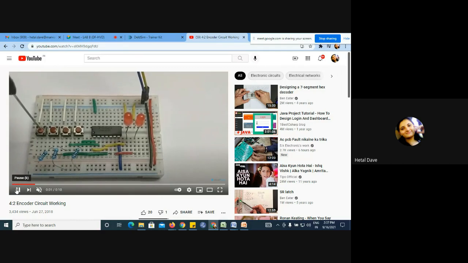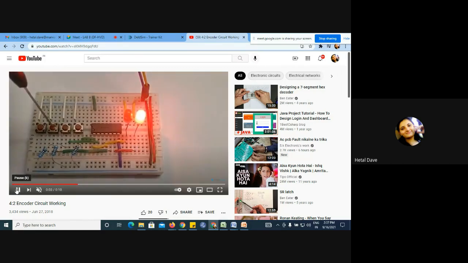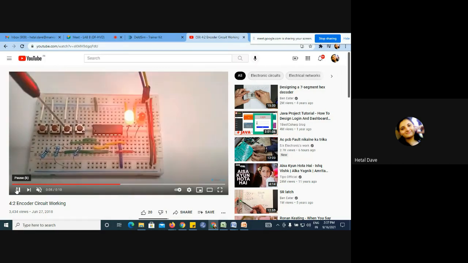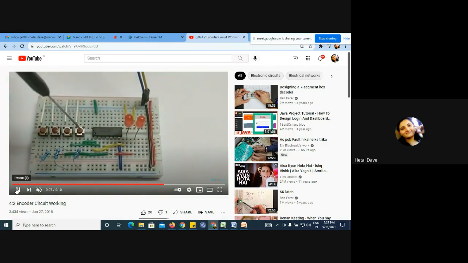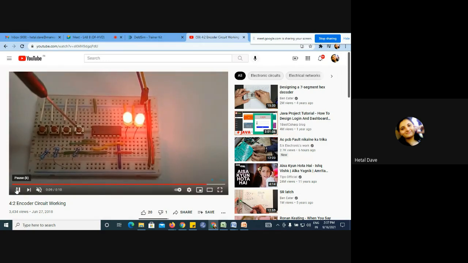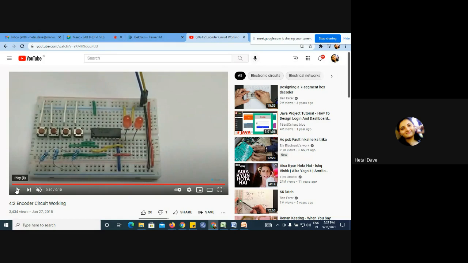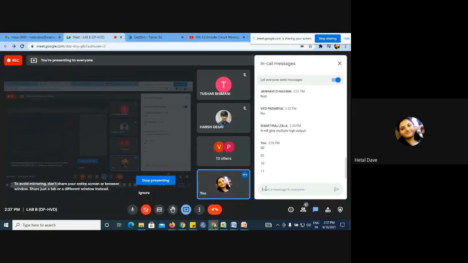So zeroth switch, first switch, second switch, and third switch. Here input lines 4, output lines 2. That's why it is called a 4 cross 2 encoder.